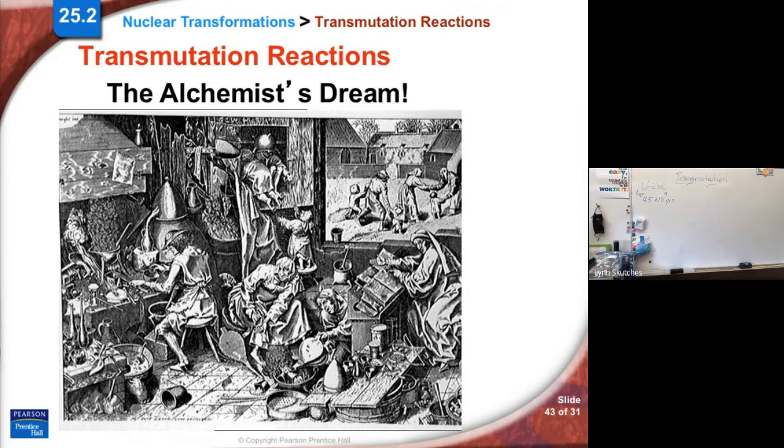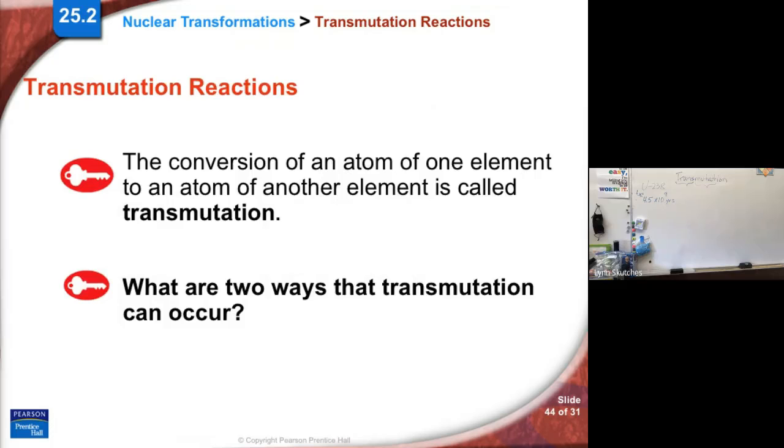Lead into gold, iron into silver, whatever it might be. So what's the definition? Conversion of an atom of one element into an atom of another element. You're changing one thing into something new.